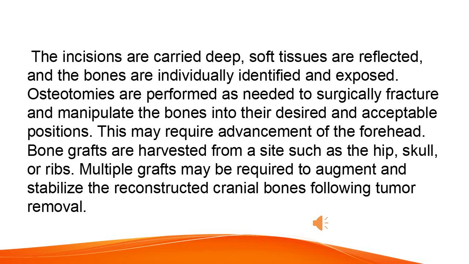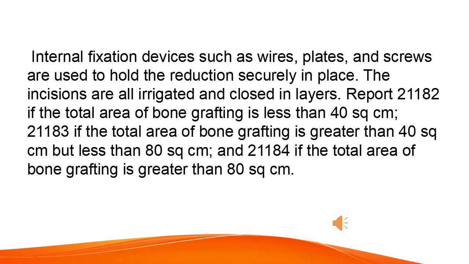Multiple grafts may be required to augment and stabilize the reconstructed cranial bones following tumor removal. Internal fixation devices such as wires, plates, and screws are used to hold the reduction securely in place. The incisions are all irrigated and closed in layers.